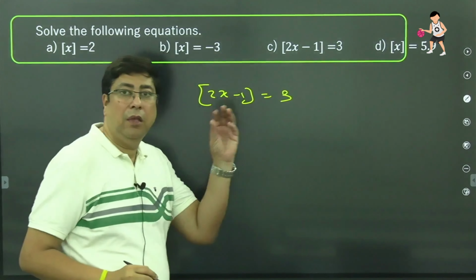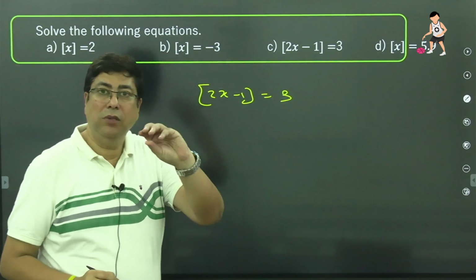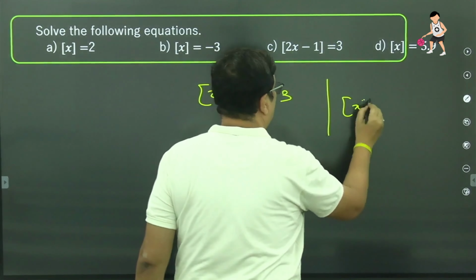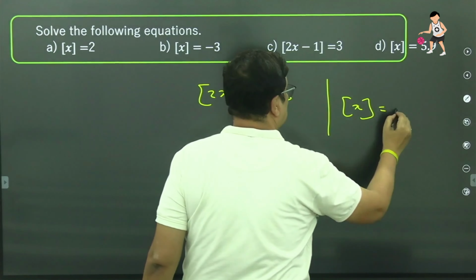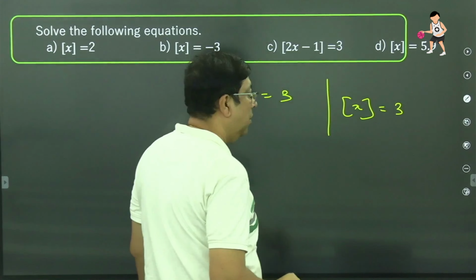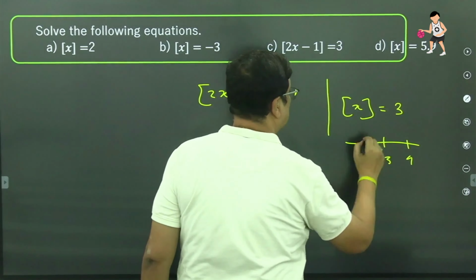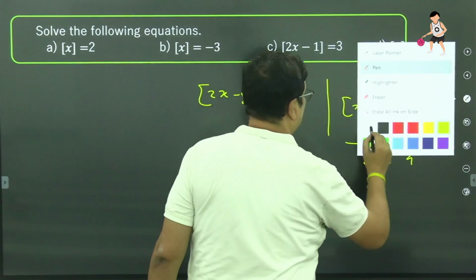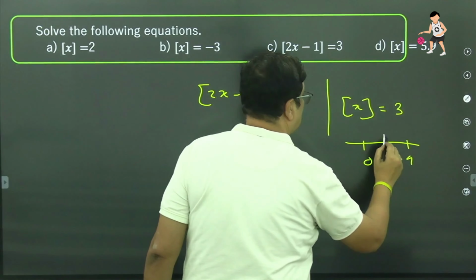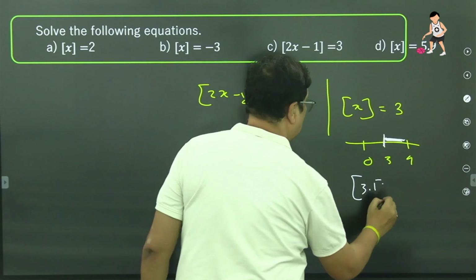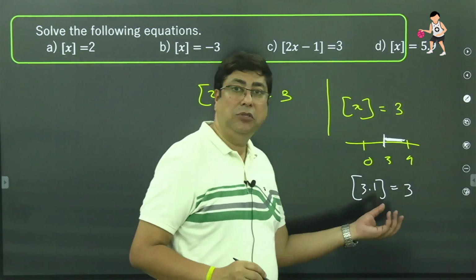Everyone think within the box is x. Suppose what I want to tell you, box x equal to 3, what would x be? 0, 3, 4, so x would have been 3 before 4, okay, because box of 3.1 equal to 3, we have to check once.